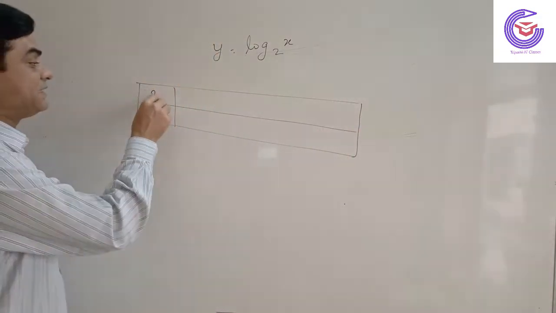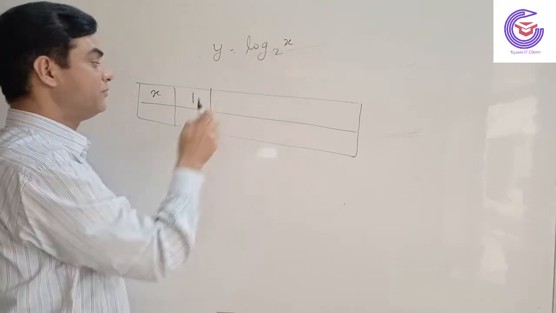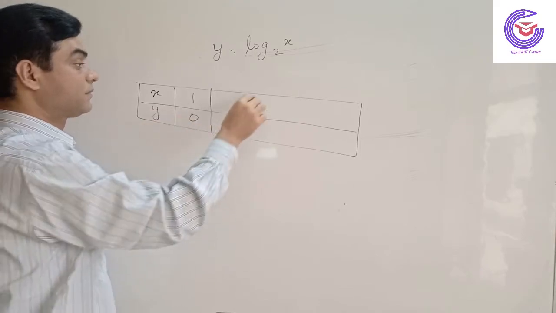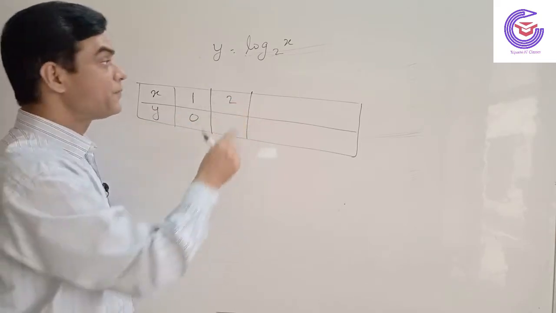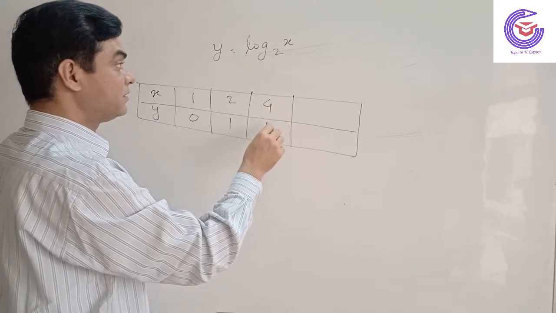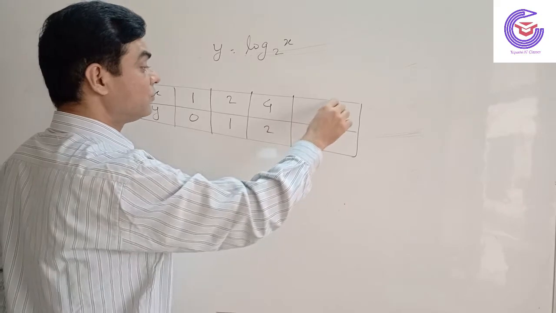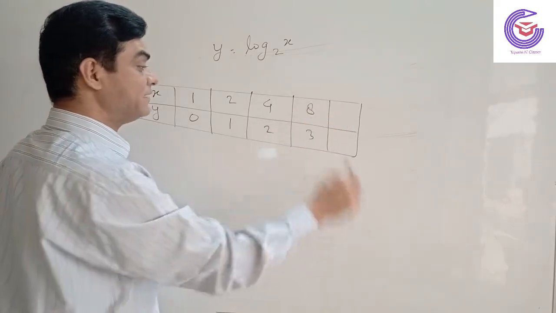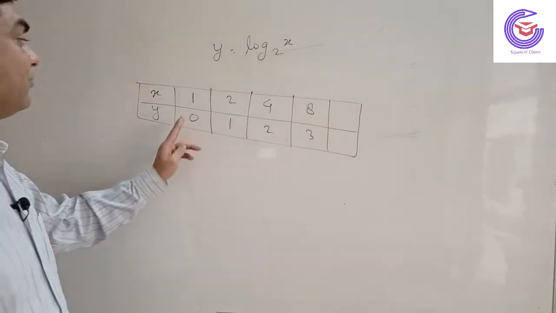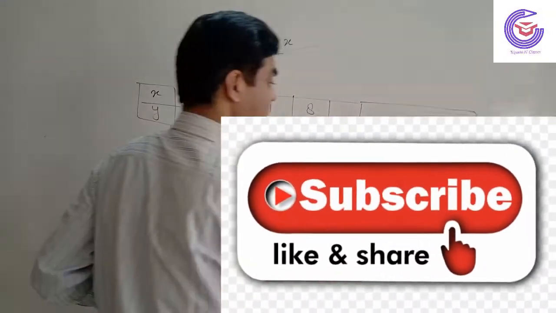When x is 1, log 1 is 0. When x is 2, y is 1. When x is 4, y is 2. When x is 8, y is 3. So this is for when x is greater than 1. Suppose x is less than 1.